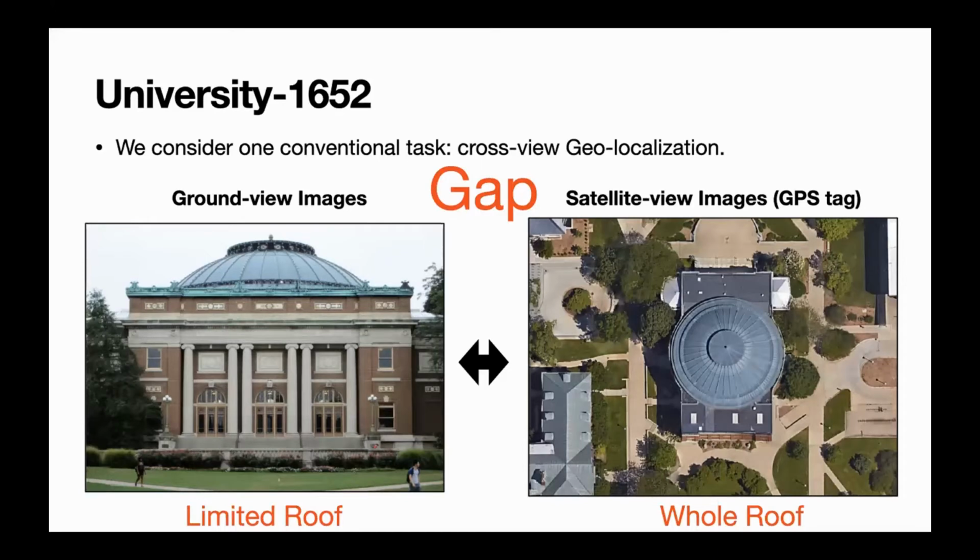However, it is quite challenging since the ground view image only contains a limited roof, while the satellite view image contains the whole roof. But the satellite view image also contains the GPS tag. So if we want to use the ground view image to search the satellite view image to obtain the GPS tag, it is quite challenging since there is a large visual gap between data collected from different platforms.